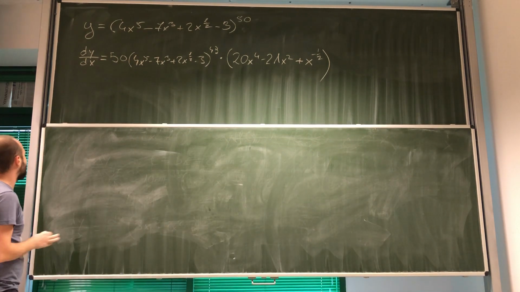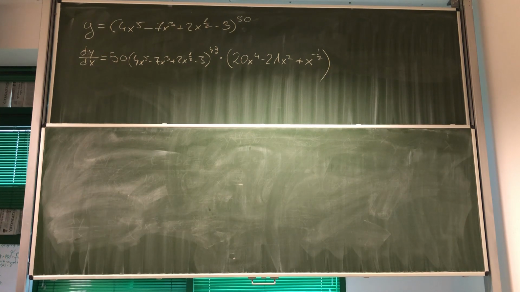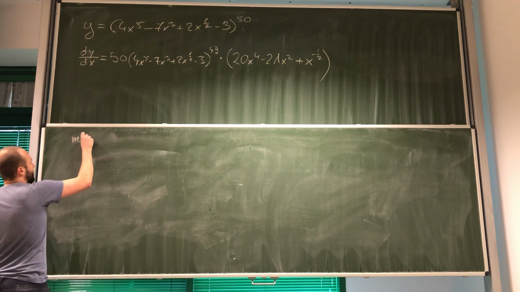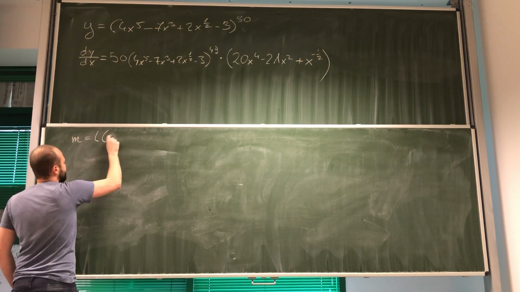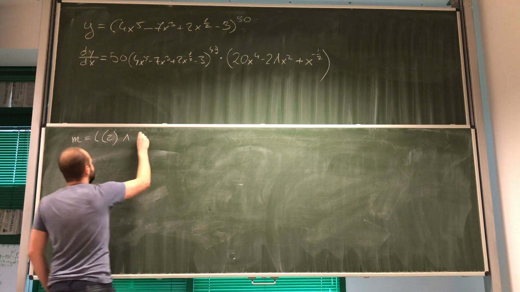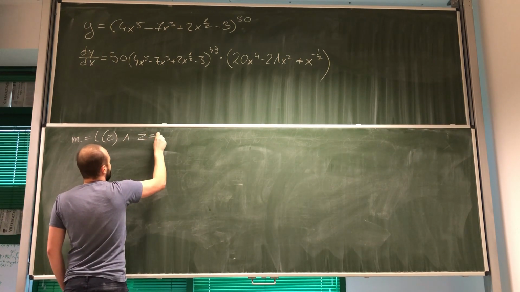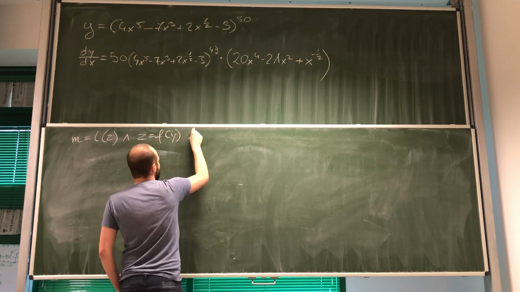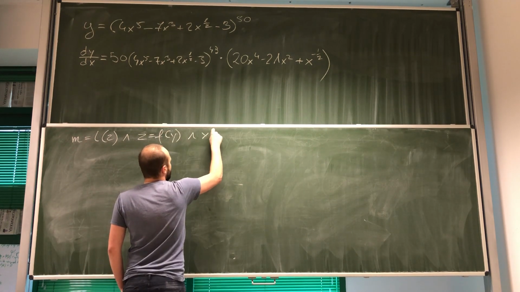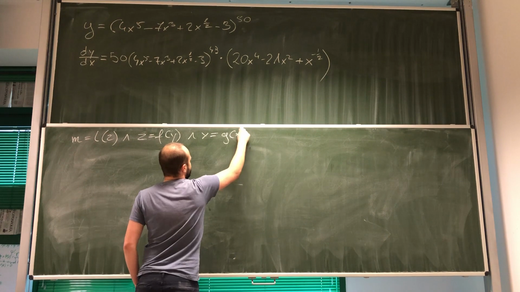Look, imagine that we've got something like this. That we have some variable m, and this variable m is some function L of z. And z is some function of y, and then y is some function of x.